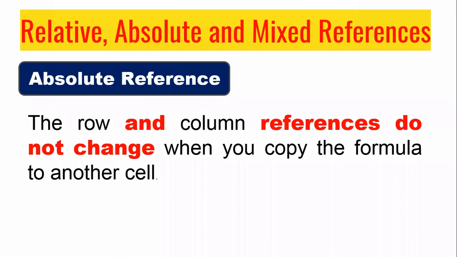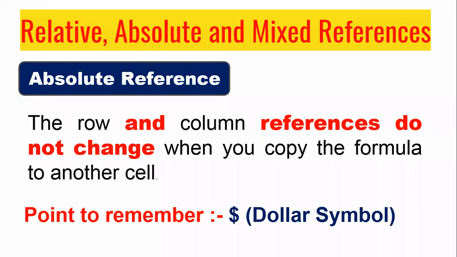The address of your cell is not going to change when we talk about the absolute reference. So take this into your mind. In case of relative, the address of the cells changes, but in case of absolute, the address of that particular cell does not change. And one very important point to remember in case of absolute reference is that we use a dollar symbol. Right now you only need to understand that we use a dollar symbol.